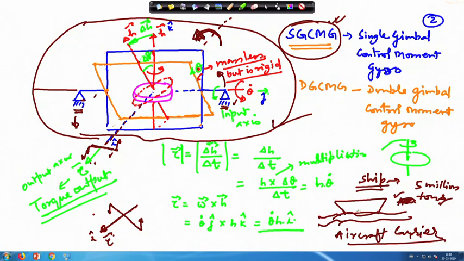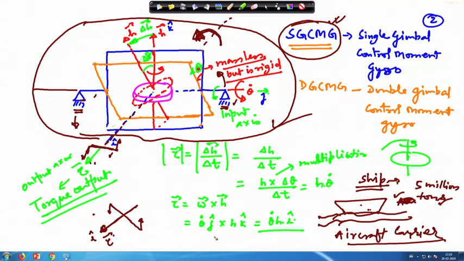So, to control this, if the waves come and this gets disturbed, you require a very large amount of torque. Okay. So, that torque is generated using the control moment gyros on the ship, and those control moment gyros are very large in size and they can produce enormous torque.